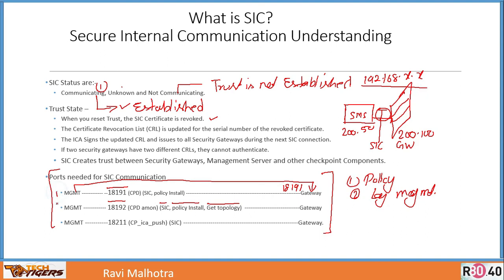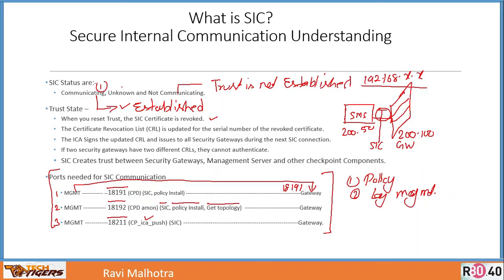So that's the first, that's the second, and the other port is 18211. It is basically for the certificates and all that. The CP_IC_push process is performed over port number 18211. So that's all, guys.